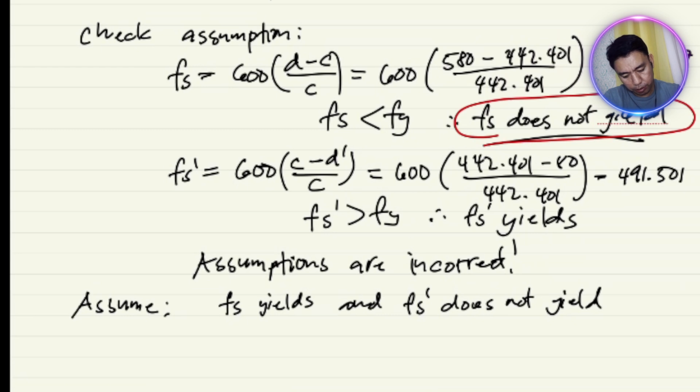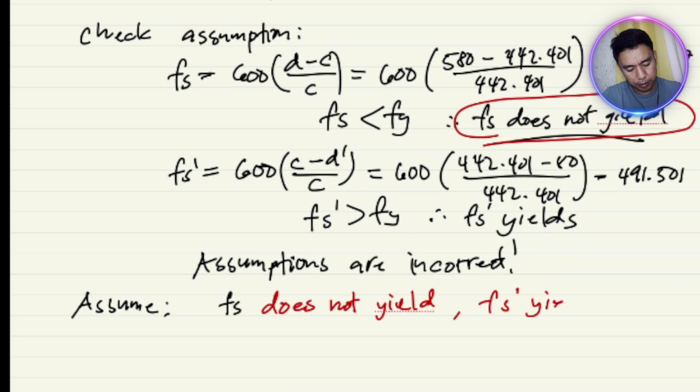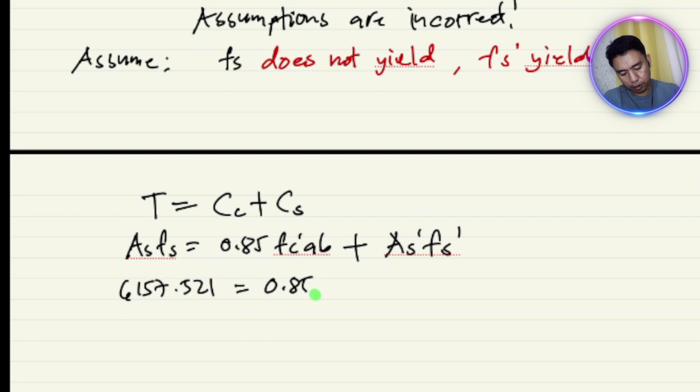So let me correct this one. Ang compression steel palang nag-yield. So Fs does not yield, while Fs prime yields.